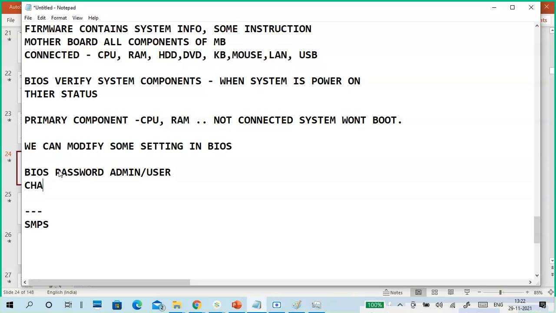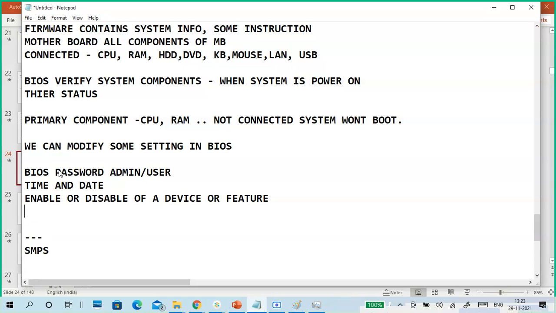Next, we can change time and date, which is also a BIOS setting. Enable or disable of a device or a feature. For example, Intel virtualization.